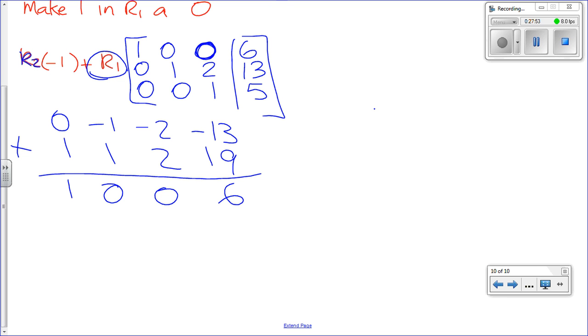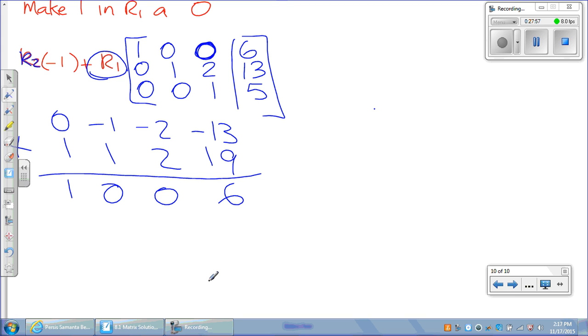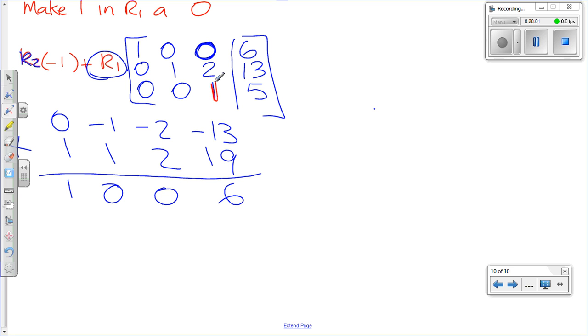Now, there's just one last thing to do. Which one is our leading row now? R3, right? Because we're going to use this one to make this 2 turn into a 0. So now we're going to make 2 in R2 a 0, and we're going to use the additive inverse for that.